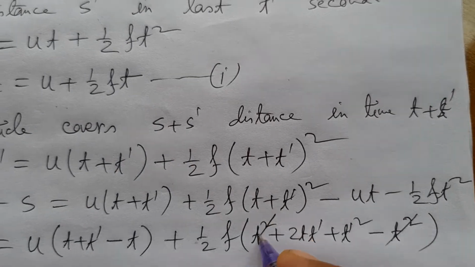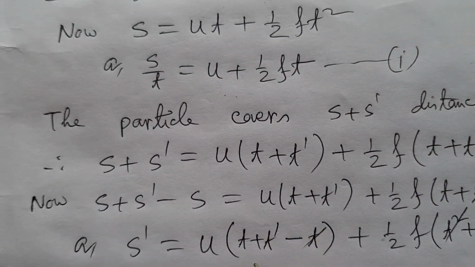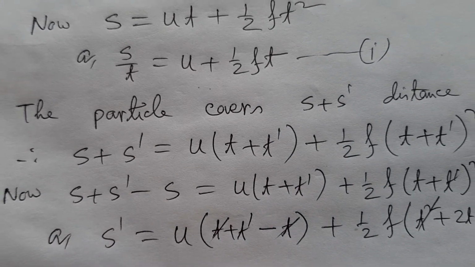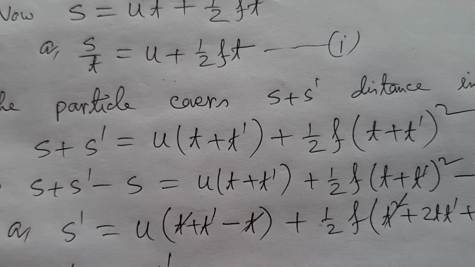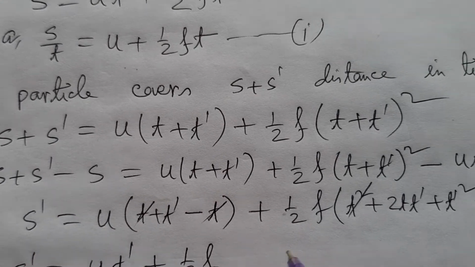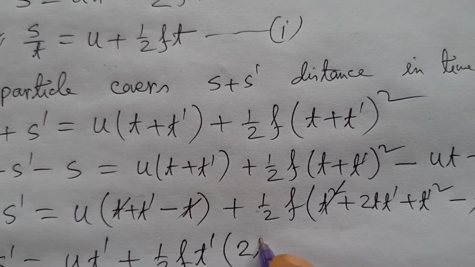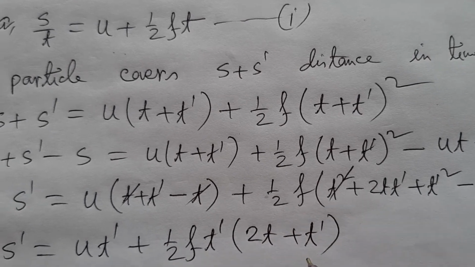So t square cancels, t cancels, and we get s prime is equal to ut prime plus half of f into t prime into twice t plus t prime.